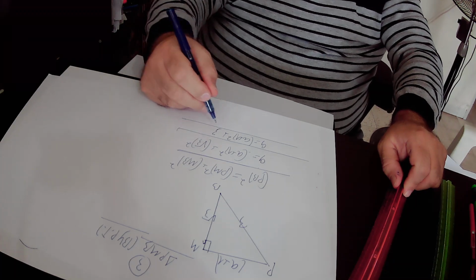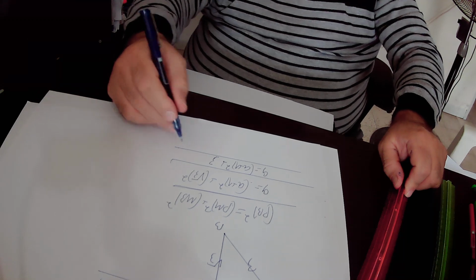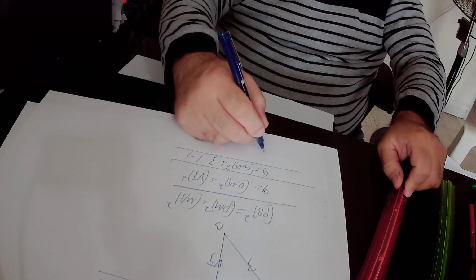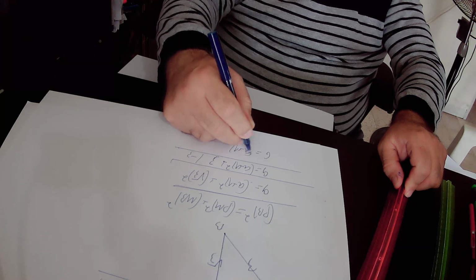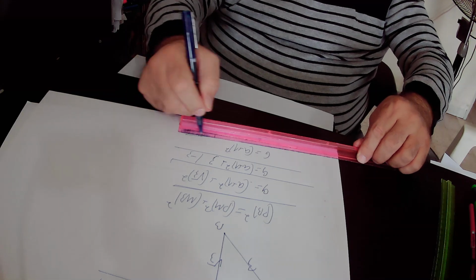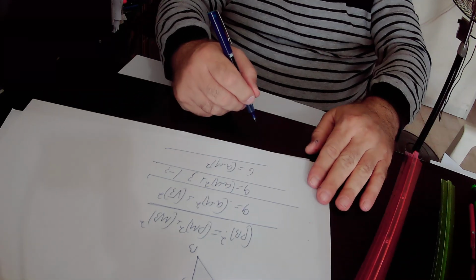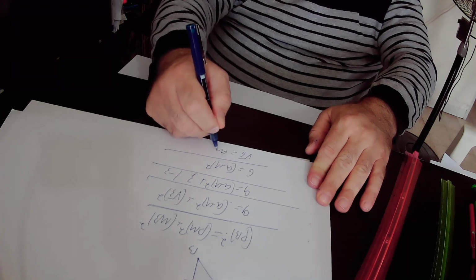Here we subtract 3 from this equation, and we get that 9 minus 3 is 6, so 6 equals (A plus 1) squared. Here we take a root out of this equation, and we get that the square root of 6 equals A plus 1.